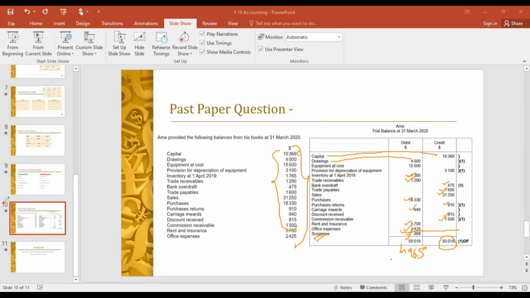And the suspense account will be on the shorter side, and it's not complete. Okay. Later on, we have to find out why there is a difference, why my debit and credit totals are not equal, and then clear off our suspense account. Okay.